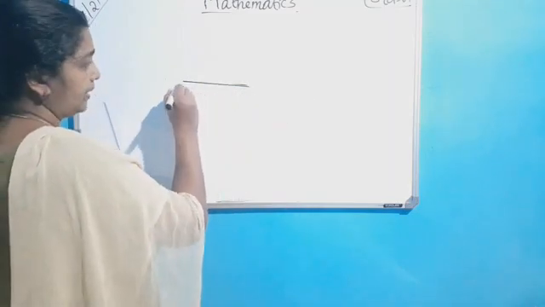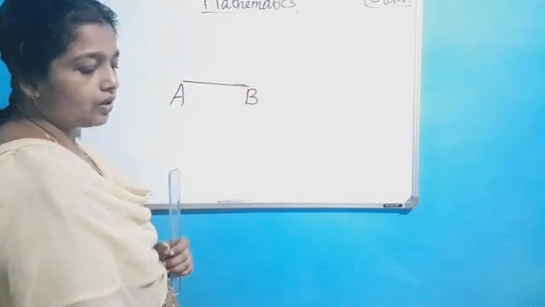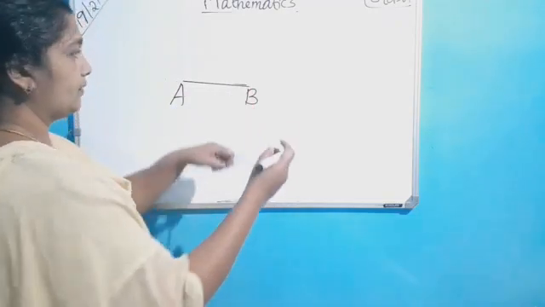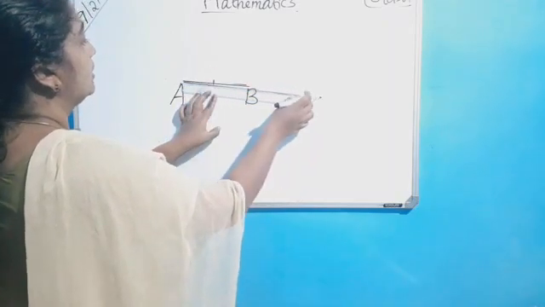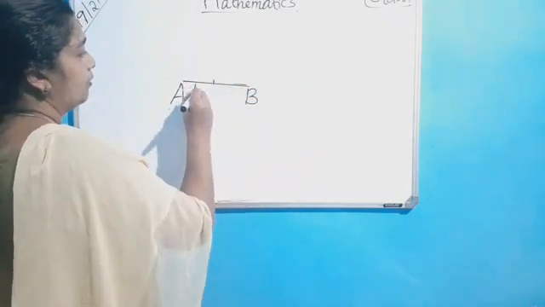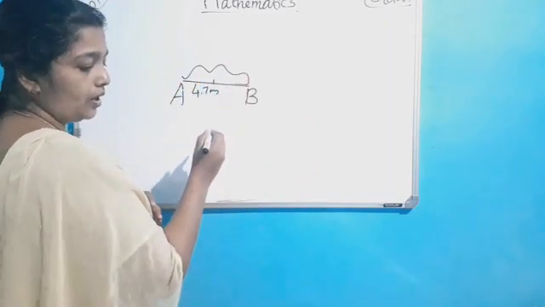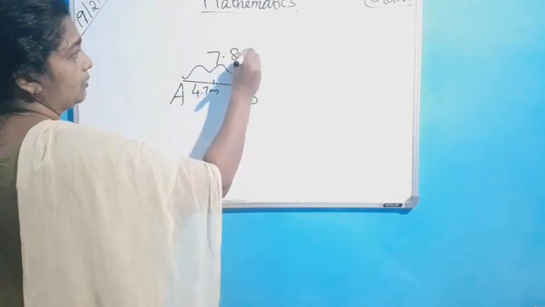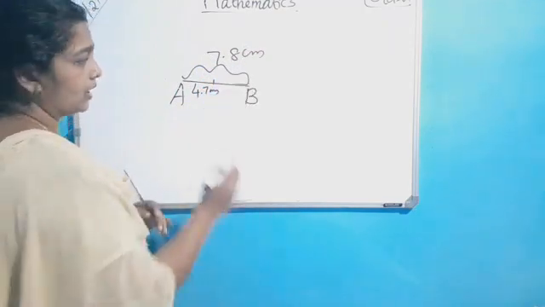That is AB. Understand? Next, from this cut off AC of length 4.7. So this is 4.7 centimeter. The total measurement is 7.8 centimeter. Understand? Next, measure BC.